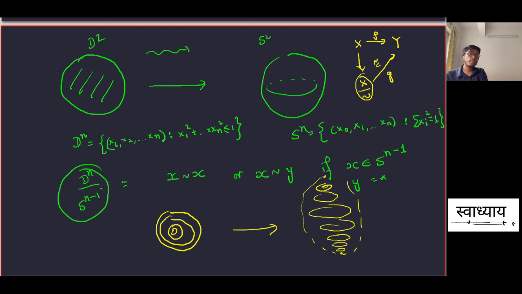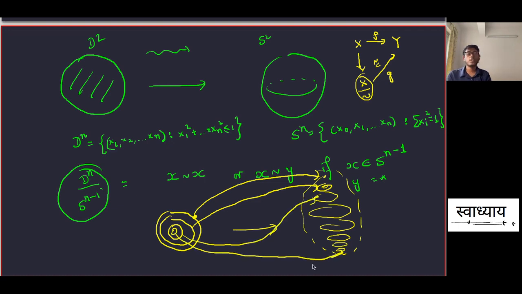So this is how you are making a sphere. What I'll do, the outermost circle is going to this point. This is going to the next one. This is going to this one. And the center is going to the south pole.